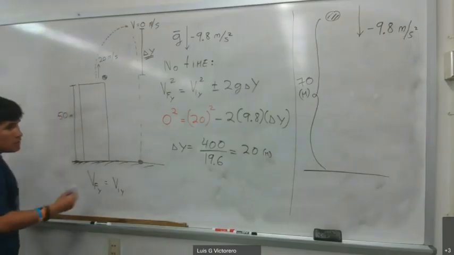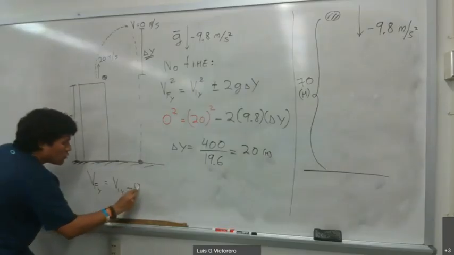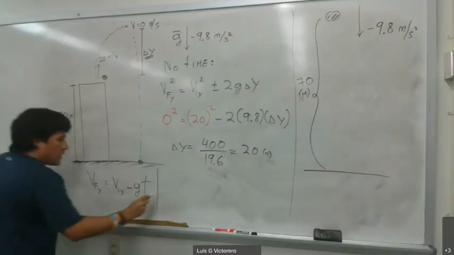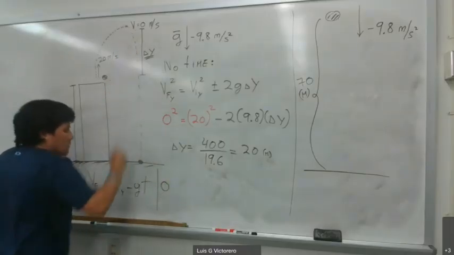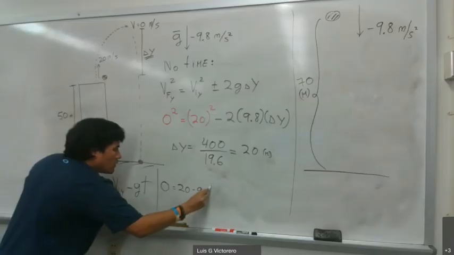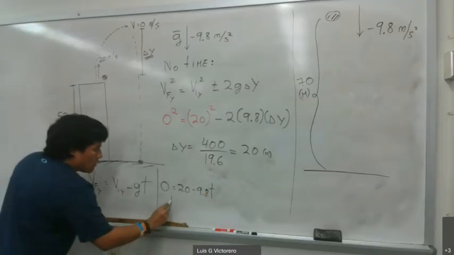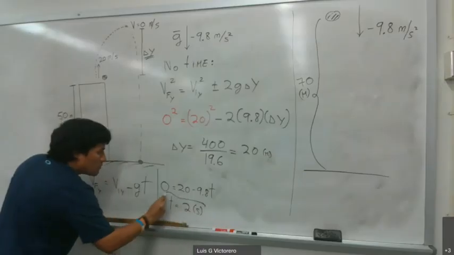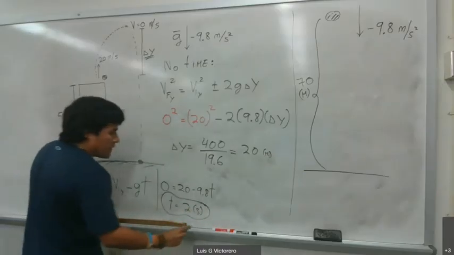It's going up, it's losing speed, minus gt. This is 0 equals 20 minus 9.8 t. If I'm again strict with sig figs, this will be 2 seconds. That's the time to go up.